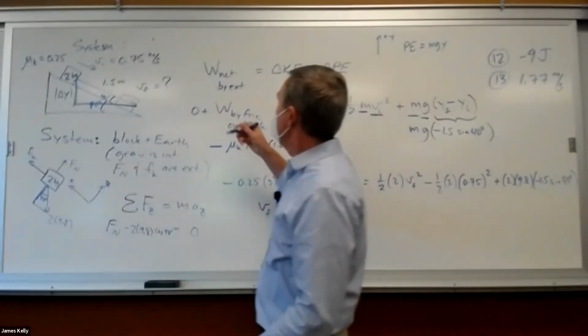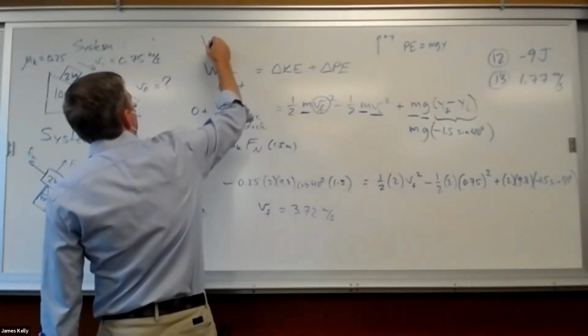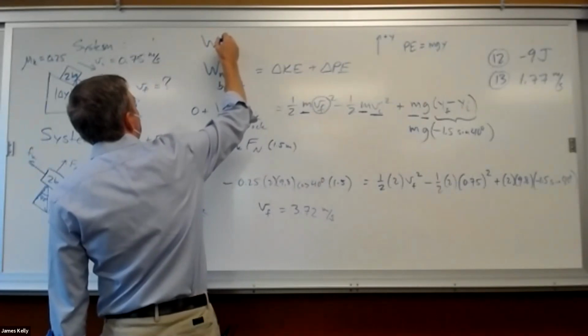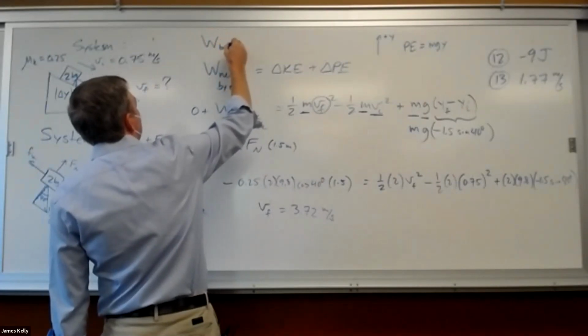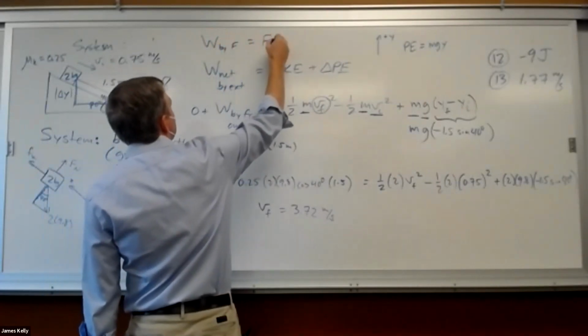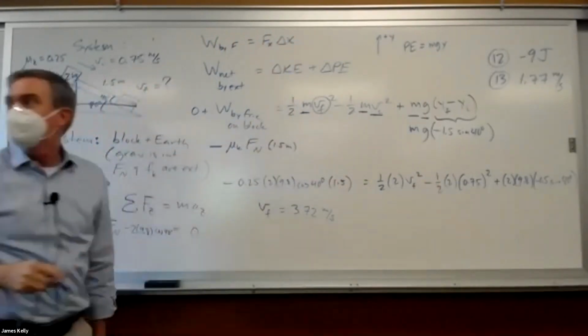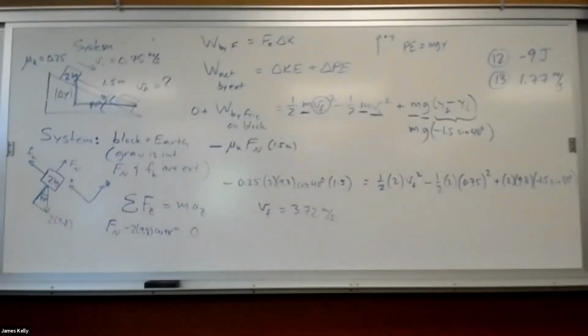Remember our good old thing we did at the beginning of this chapter: the work done by a force is equal to Fx delta x. And it's that delta x, right? The rest of it is just the magnitude of the friction force, right? And if we call plus x the direction it's moving, then it's a negative force x component. Good question.